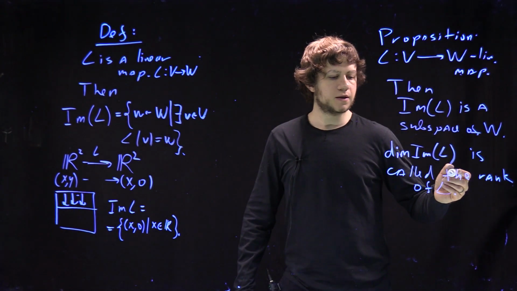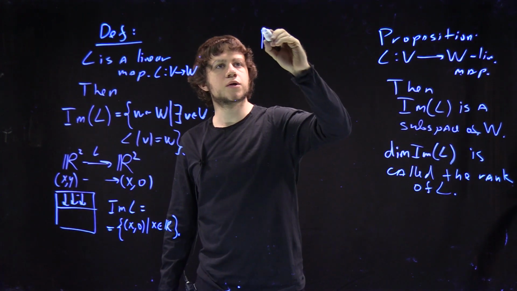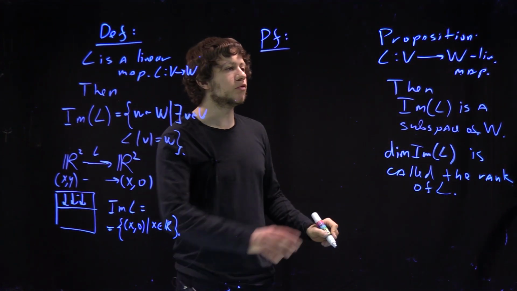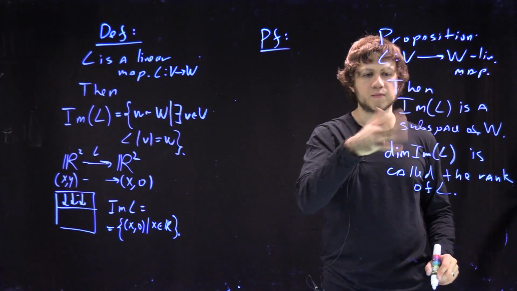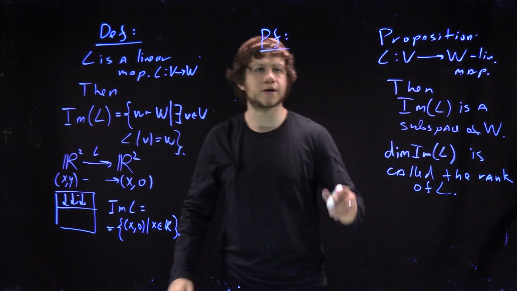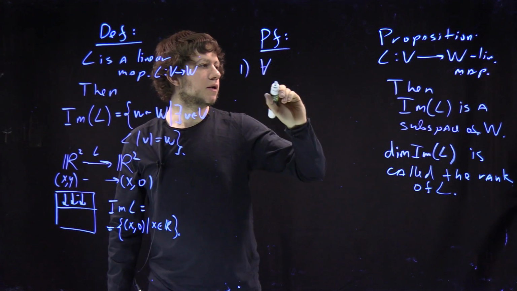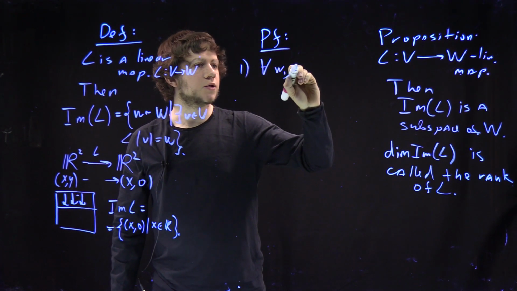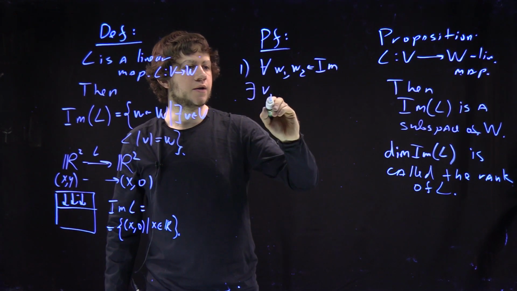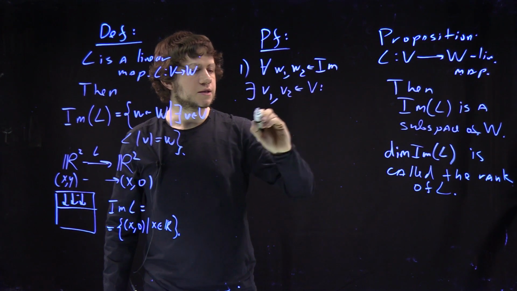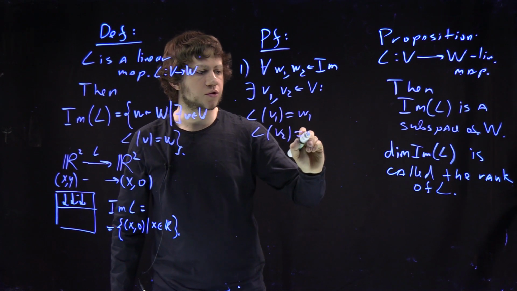Let me prove it. That's really easy. Remember, to prove something is a subspace, we need to prove two things: the sum of two vectors there is there, and when you rescale a vector there, we get a vector there. Part 1: for every W1, W2 inside the image, there exist V1, V2 in V such that L of V1 equals W1, L of V2 equals W2.